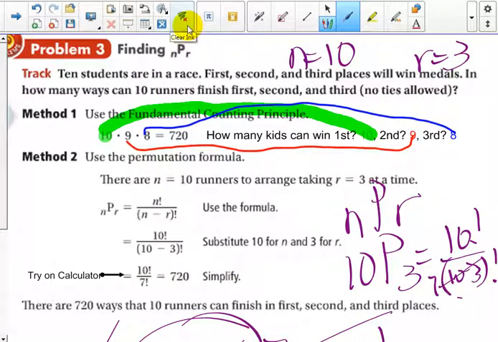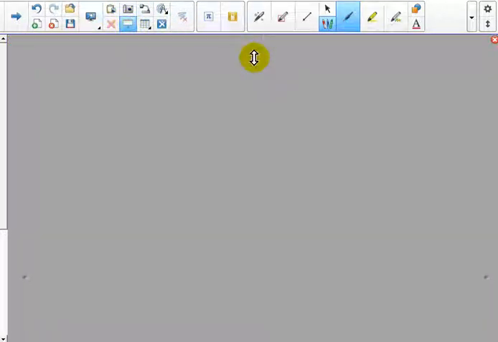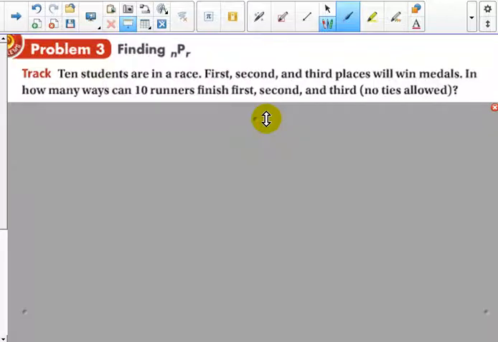All right, so let's look at this. It says 10 students are in a race. First, second, and third places will win medals. In how many ways can 10 runners finish first, second, and third? No ties allowed. So what's our n here? 10, because we have 10 runners. So it's going to be 10P, and how many places? 3.